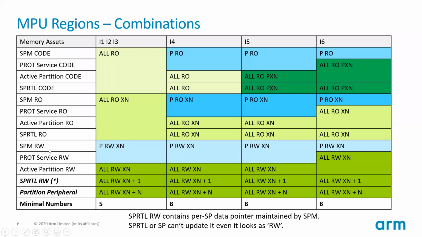And because SPM and payload service are in the same domain, they can share their MPU region. Only one partition can be running at one time, so we only care about the regions for the active partition. The inactive partitions we do not need to care about that much because they won't be executing.